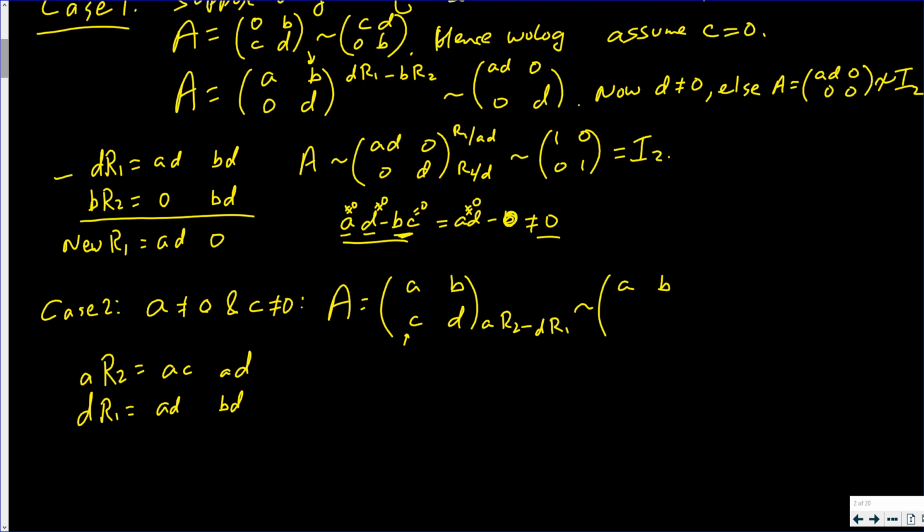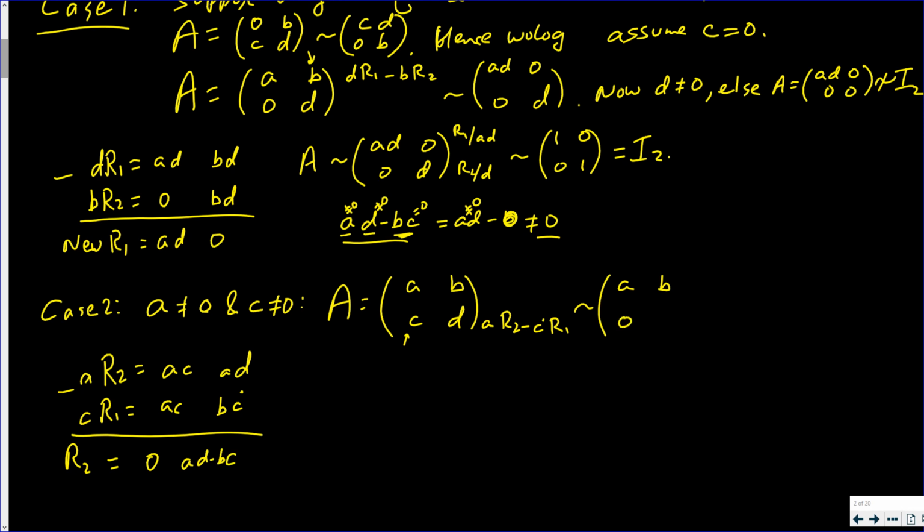Okay, how about we multiply row 1 by C, excuse me. How about we multiply row 1 by C. It was a big mistake. And I get AC, BC. And then if I subtract, I get that the new row 2 is 0, AD minus BC.